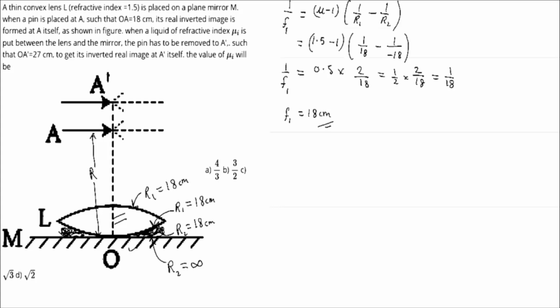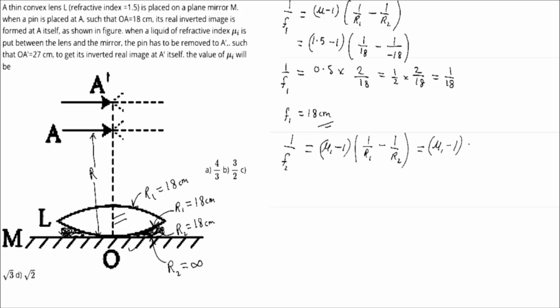Now we will use the formula for finding the value of focal length for the second case when the liquid is introduced, which is 1 upon F2 is equal to mu1 minus 1. This we are talking about the liquid only, and the R1 and R2 values are 1 upon R1 minus 1 upon R2. Mu1 is not given, we need to find that value.